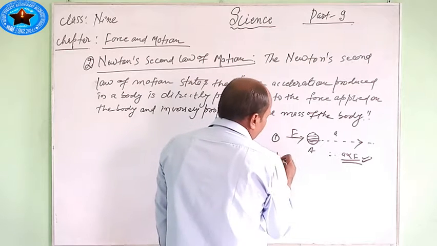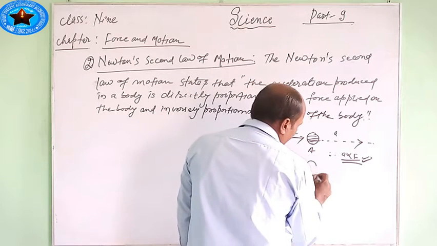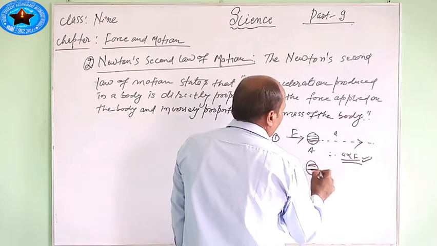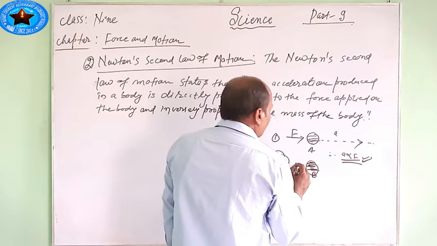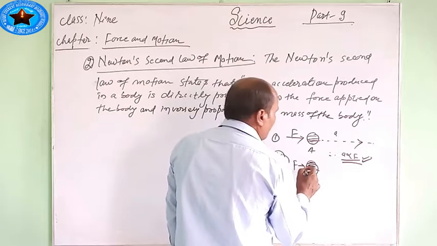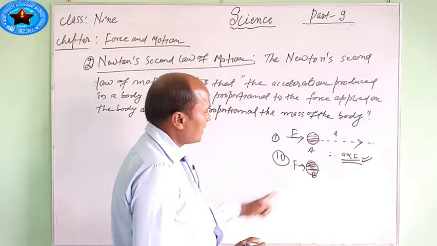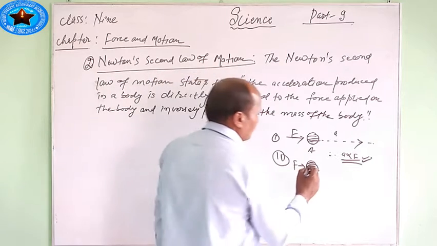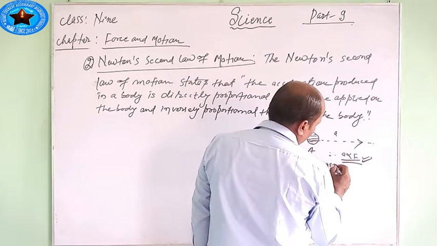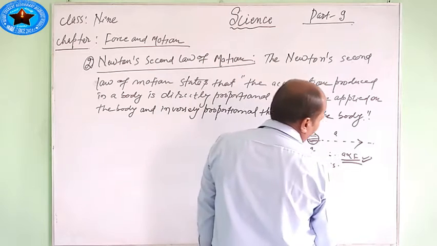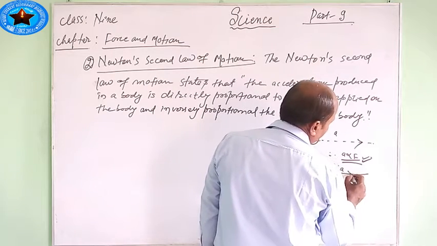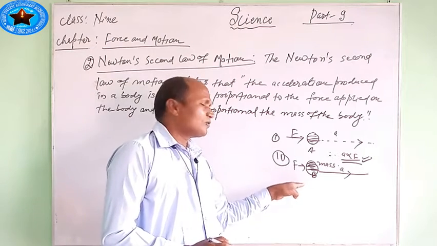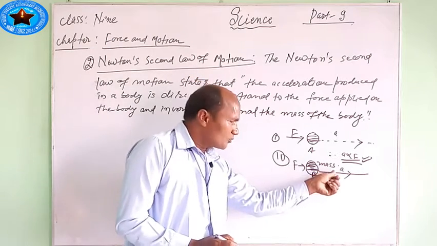Then the second example, on the same kind of body, that is body B. Here force is applied on the body and it accelerates, but the mass of the body is more. More force is required to accelerate it due to its greater mass.